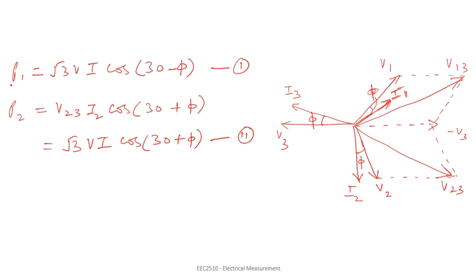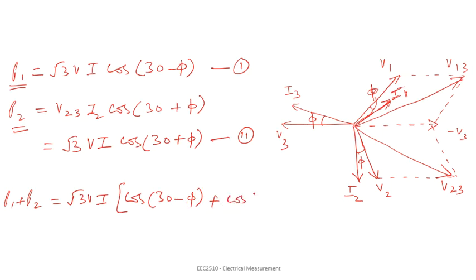Now the sum of these two wattmeter readings, that is P1 plus P2. So it will be root 3 Vi times cos of 30 minus phi plus cos of 30 plus phi.